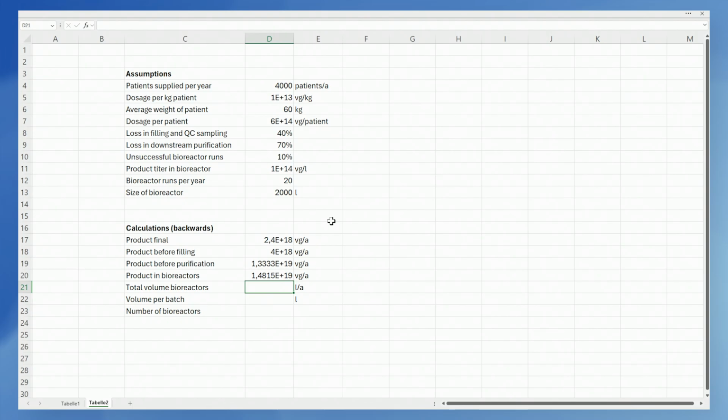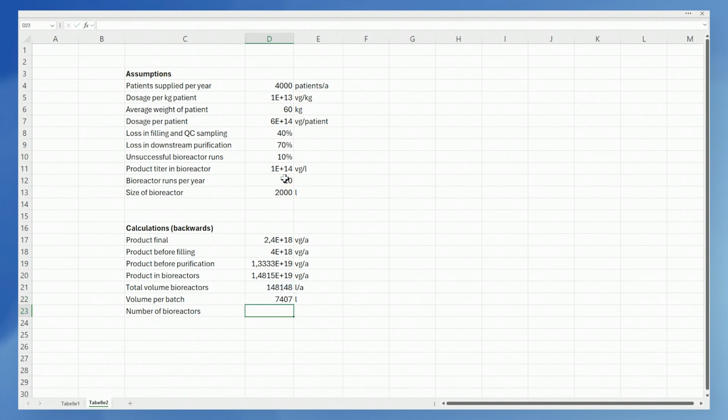So the virus genomes per liter will give us the number of liters that we need. So that is this number here. 148,000 liters per year, that's the processing volume that we need, and then per batch, dividing by the 20 batches per year, will give us the amount per batch.